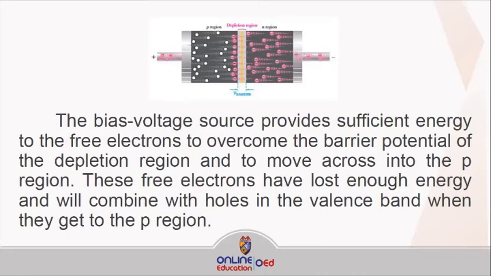As you can see, yung bias voltage source ay nagpo-provide ng sufficient energy papunta dun sa free electrons para ma-overcome yung barrier potential ng depletion region and to move across into the P region.